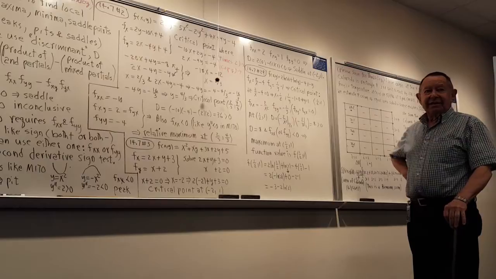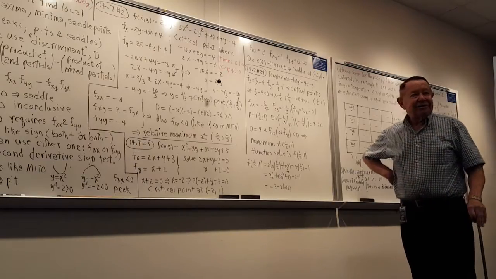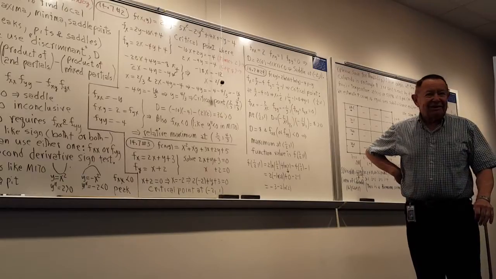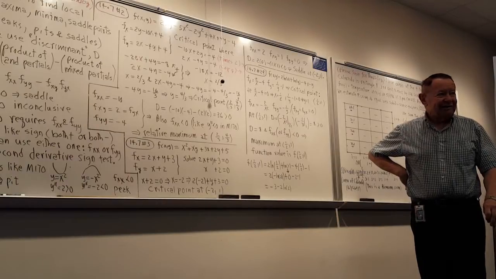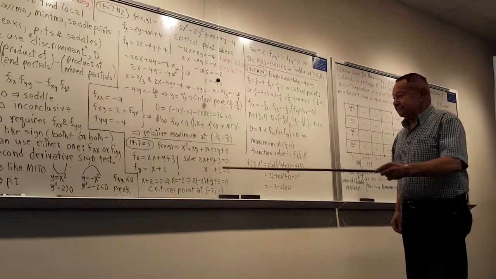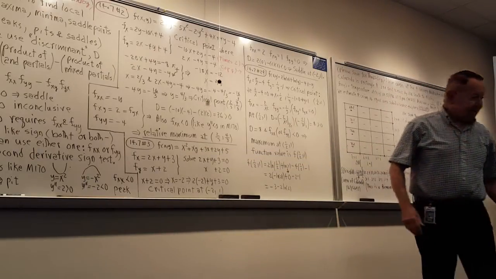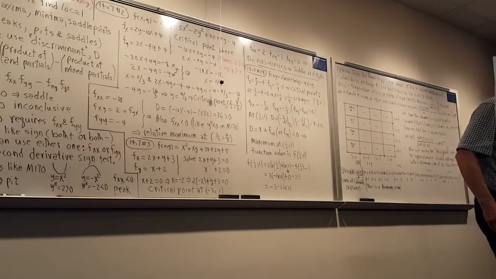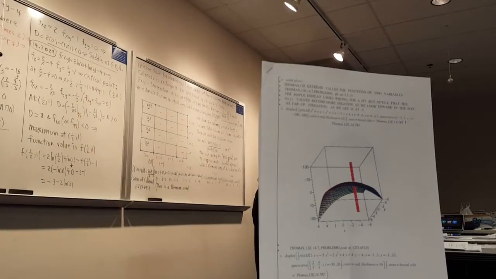So this is the game that we play in 14.7, and I think it's a welcome relief. I think this is a good deal easier stuff to understand than some of the things that go with the gradients, so on. Take a look at your handout. I believe that I have a picture of this.